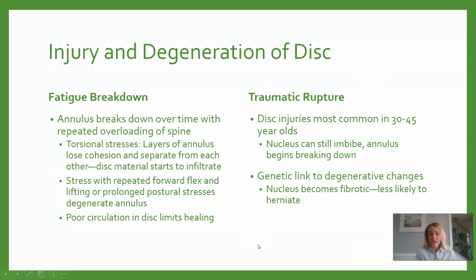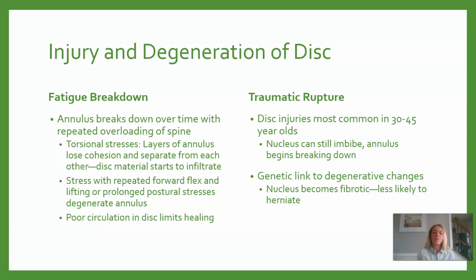So discs can wear down either by fatigue or there can be a traumatic rupture of a disc. So with fatigue, we're talking about the annulus just sort of wearing down over time. This is a wear and tear type of injury. It can be due to torsional stresses where the annulus starts to actually lose its connection from the vertebrae above and below it, and then disc material starts to fill in those gaps.